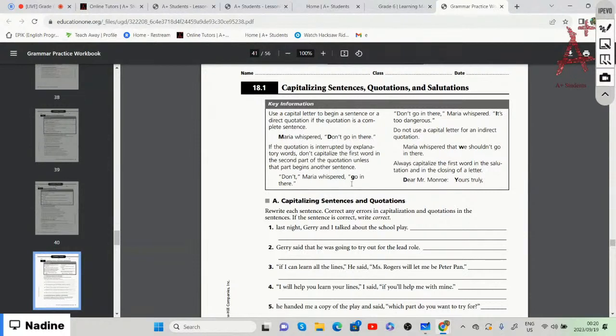The first letter of the word after the quotation marks is capitalized. Beautiful. If the quotation is interrupted by explanatory words, don't capitalize the first word in the second part of the quotation unless that part begins with another sentence.